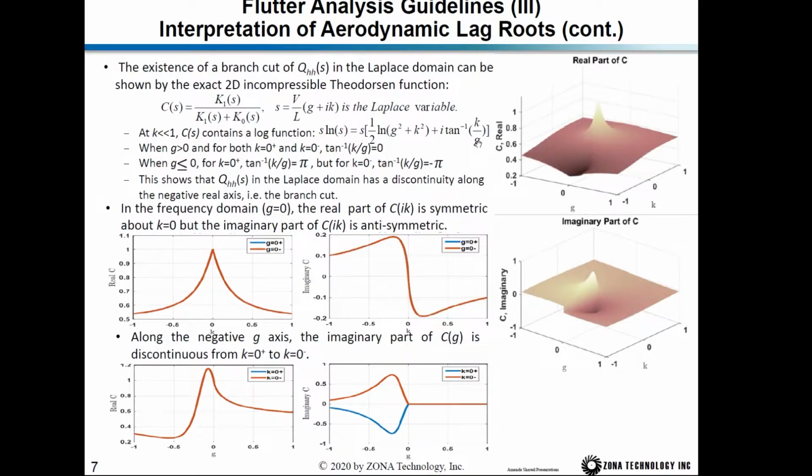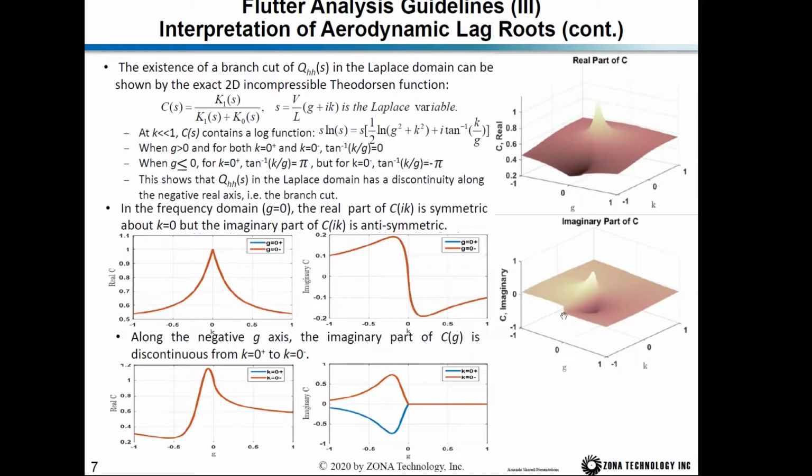If g is greater than 0, for both very small positive k and very small negative k, this arctangent gives us 0. However, if g is negative and k is a small positive, it gives us pi. But if k is a small negative, it gives us negative pi.